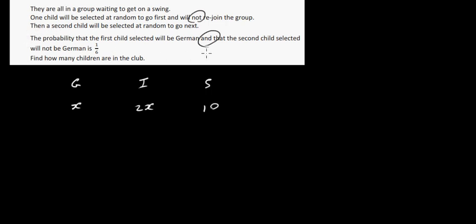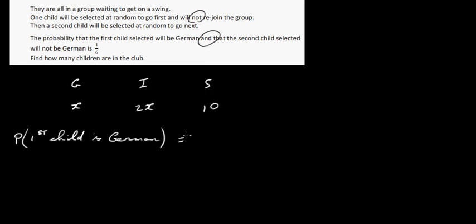So this is where we're going to get our equation from, this line here. Find how many children are in the club. So let's write down our probabilities first. The probability that the first child selected will be German. So we want the probability that the first child is German.